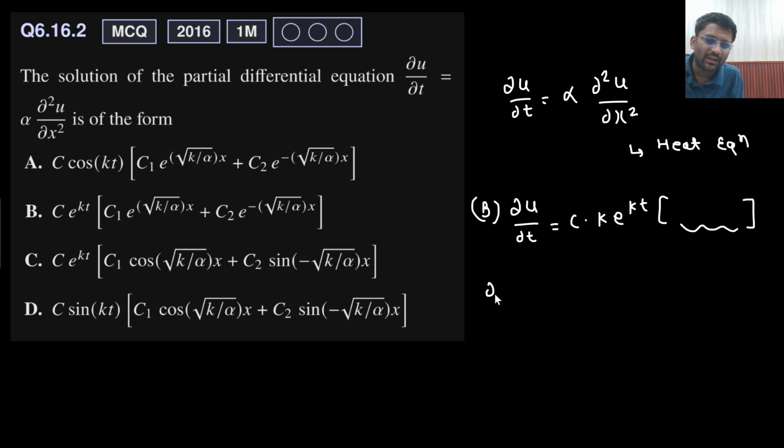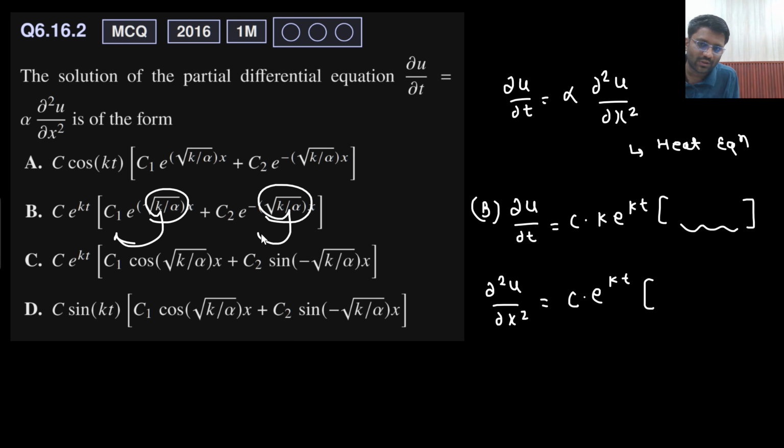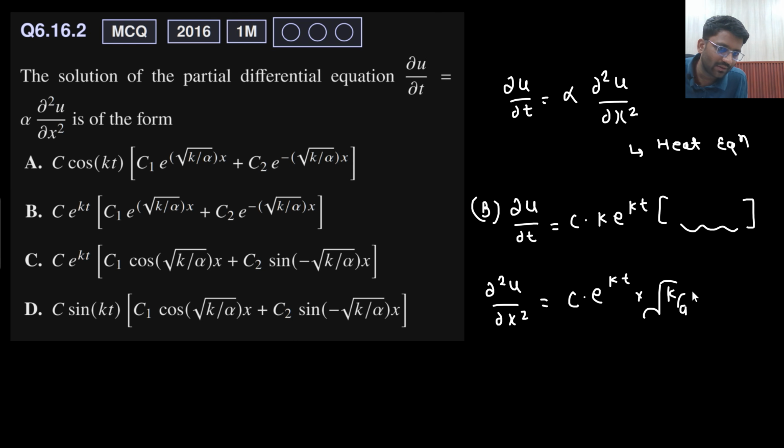Now what is del square u by del x square? That will be nothing but, when you differentiate the first time, c e to the power kt will remain as it is. When you differentiate for the first time, this guy will come out and this guy will also come out. So outside, under root k will come out.